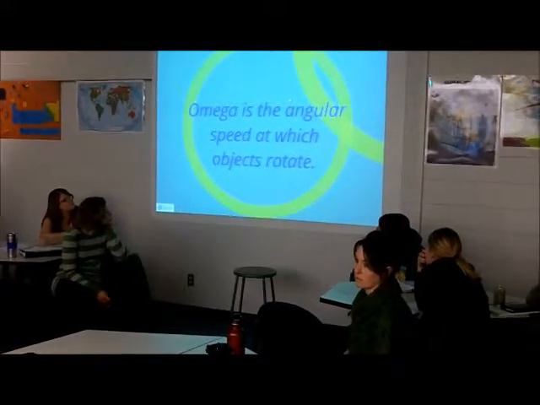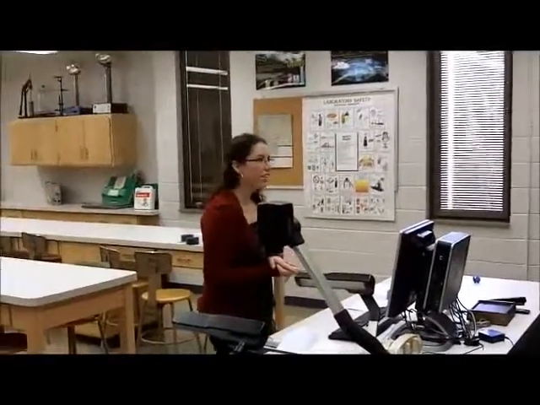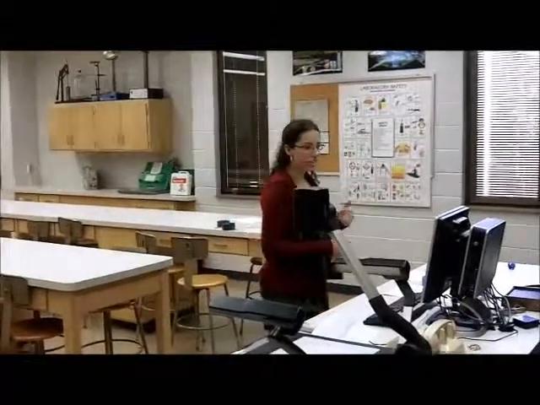And angular speed is different from regular speed just because it is rotating, so it has a different representation. And as we learned, for moment of inertia there are different equations depending on what the object is, if it's hollow, if it's solid, if it's cylindrical, or a hoop, or a sphere, or a rod.